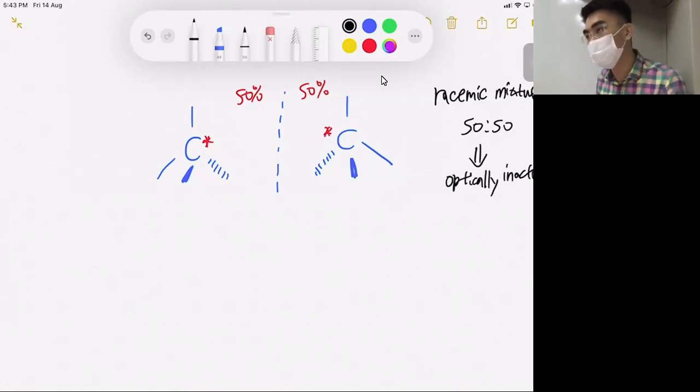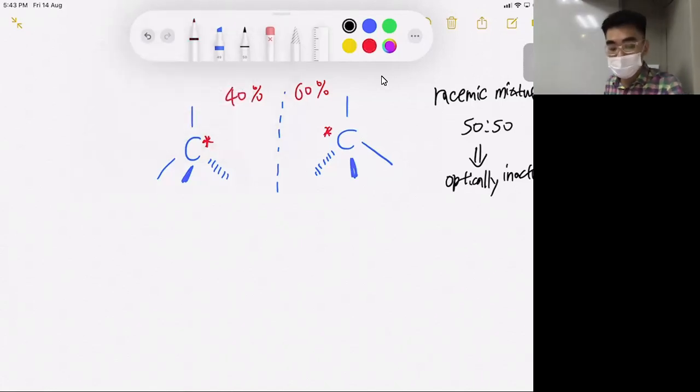But this is the easy version. You should probably be aware of the formula if I ask you to calculate what happens if both of them are not 50-50. I could be looking at a scenario of 40 and 60%. So I want you to remind yourself of this. For example, I have this one that is positive 15, clockwise rotation, and negative 15.